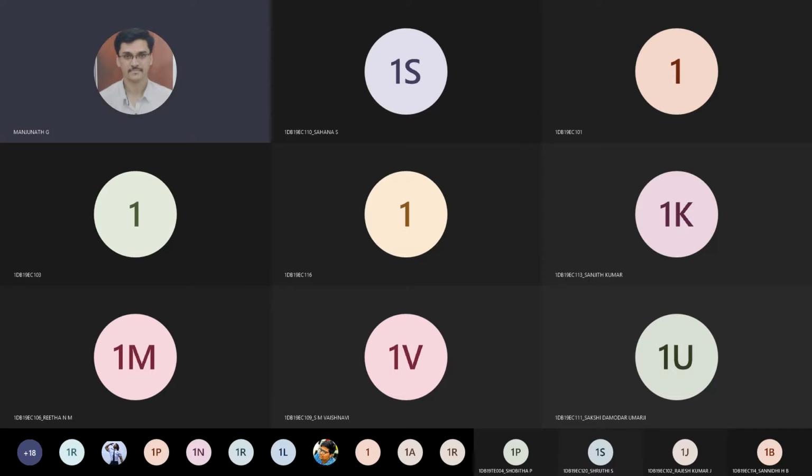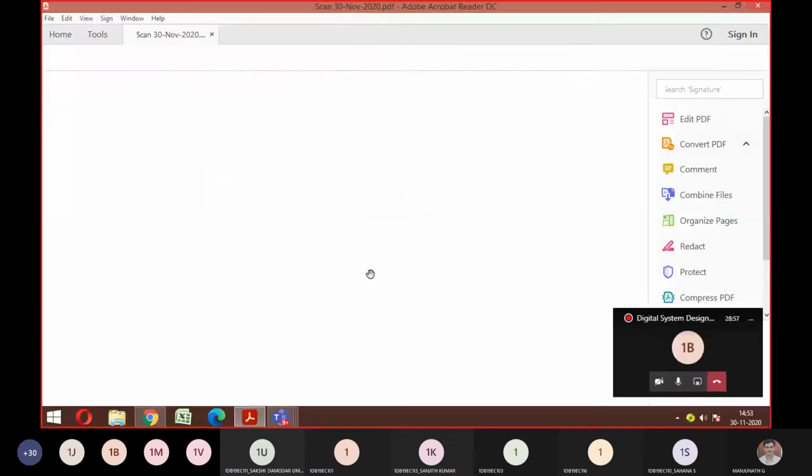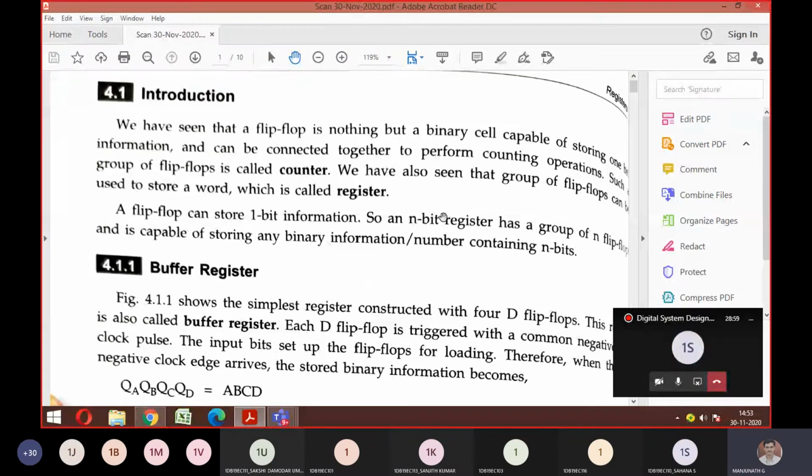Yes, sir. So we'll continue now. We'll proceed with the concept of shift register. I hope everyone got the meaning of register. What is the meaning of register?